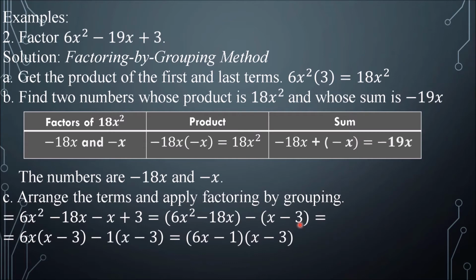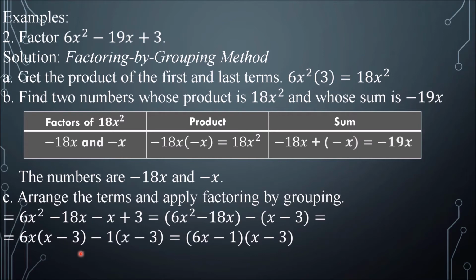Now, the common monomial factor in the first group is 6x. The remaining factor is x minus 3. Here, we have 6x, the common monomial factor, and then x minus 3, the remaining factor. So you have x minus 3 here and x minus 3 in the first group.